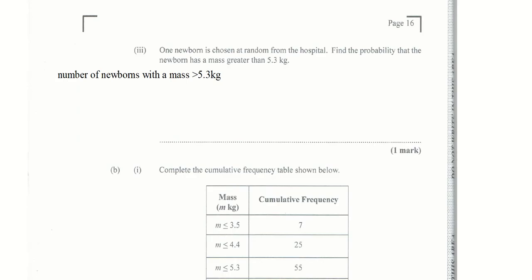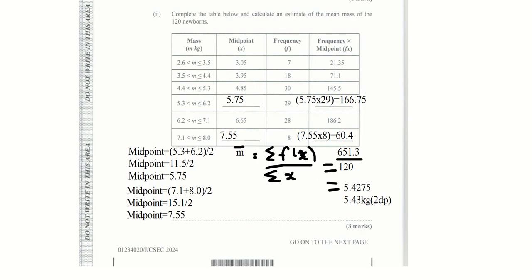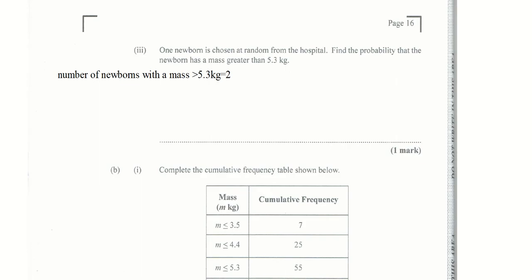So that would be these values, 29, 28, and 8. I'll just make sure, I don't want to make a mistake. 29 plus 28 plus 8 is 65. This is equal to 65.